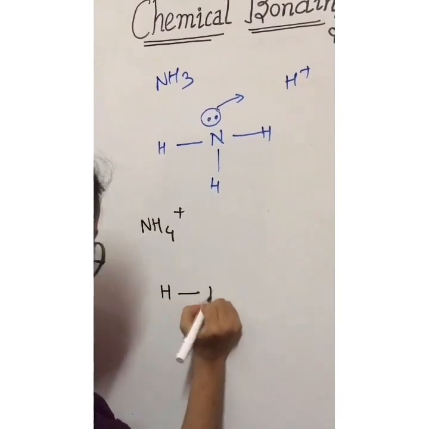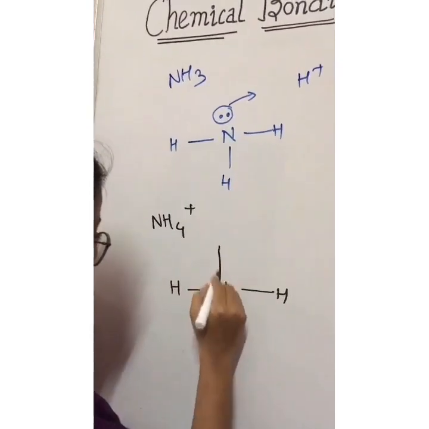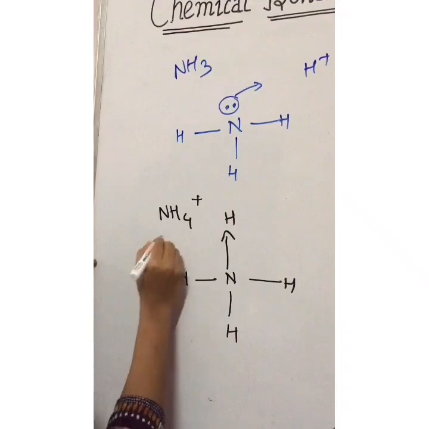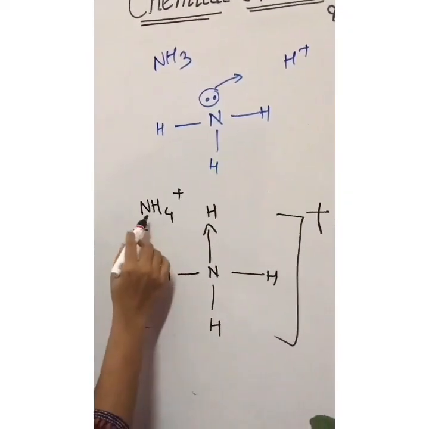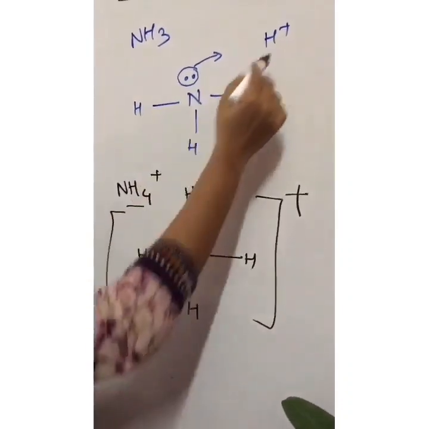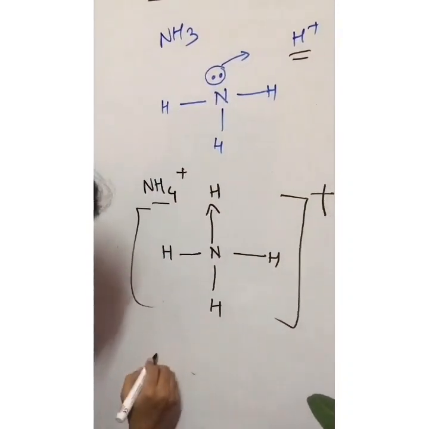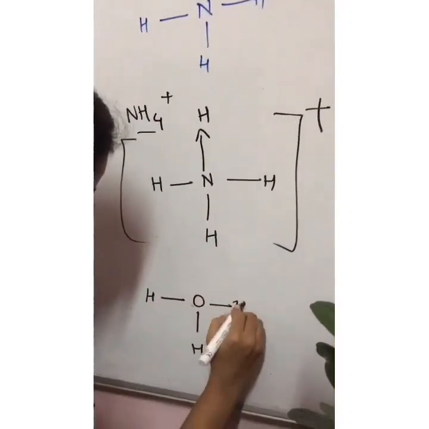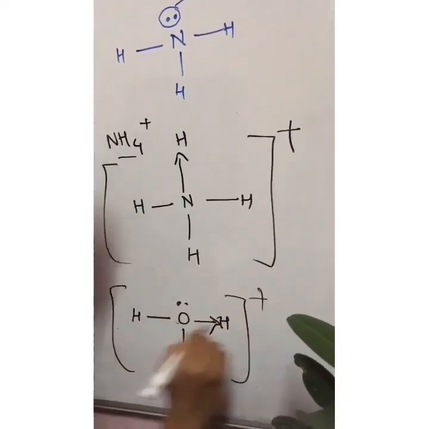We draw like this. This is an arrow of coordinate bond. Okay, so this is the ammonium ion. We put a plus charge. Why? Because it has a positive charge, because H plus is being added. For the hydronium ion also you have to put a positive charge like this.